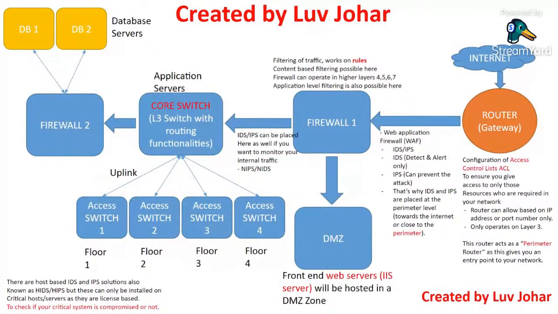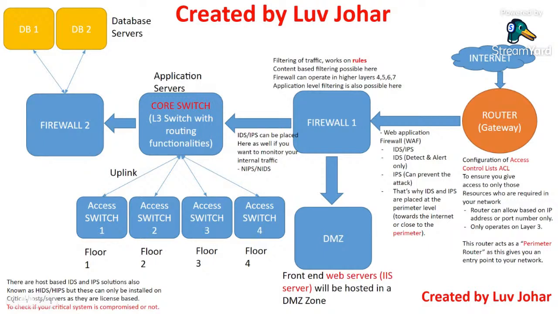So this is your DMZ network. Again behind a firewall, not directly accessible by anyone. Okay. Anything if you want to make public and separate from the internal network, this is your way, guys. You place it in a DMZ, demilitarized zone.